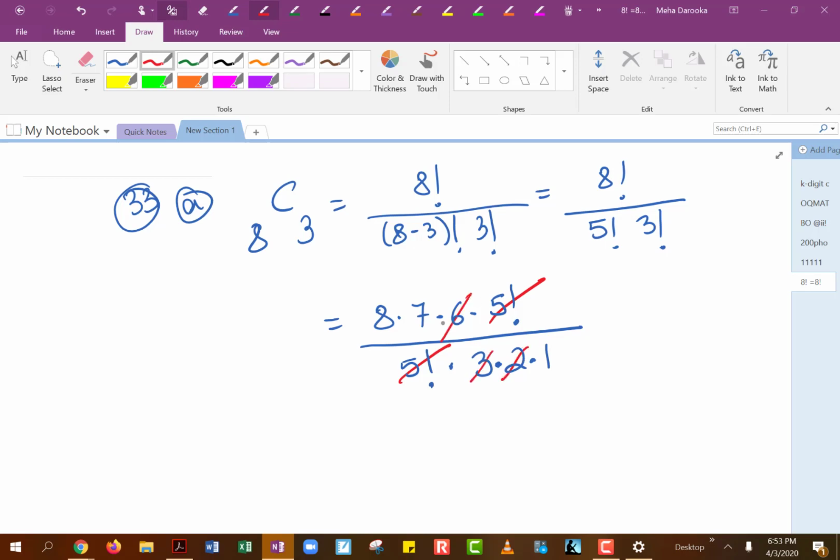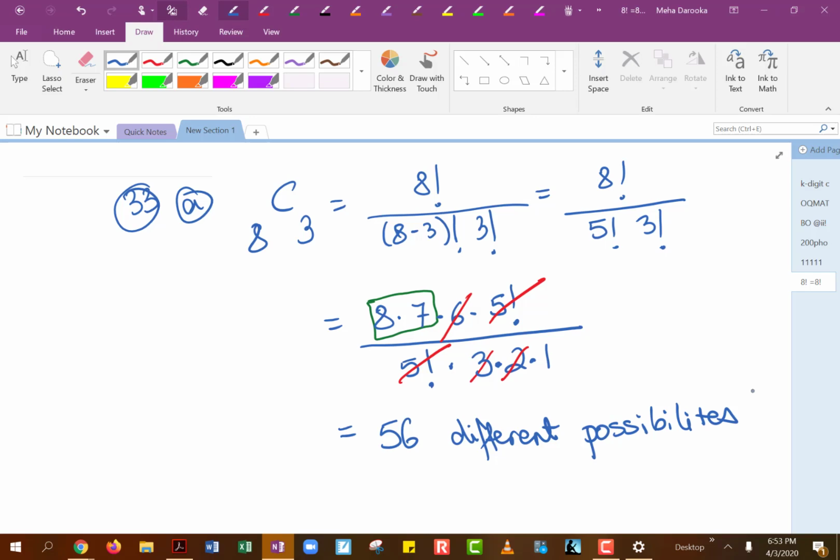And 8 times 7, of course, you should know, will come out to be a total of 56 different possibilities. And as I was showing you in our handout earlier, this means that all those repetitions are taken out, right? And so you will have fewer possibilities with a combination than you do with a permutation.